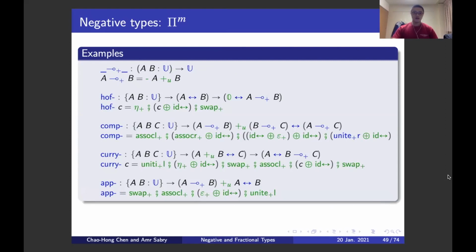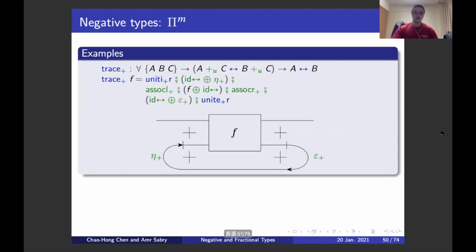Adding negative types allows us to define a lot of interesting combinators, which give us some kinds of higher-order behavior like curry. And most importantly, it allows us to define trace.